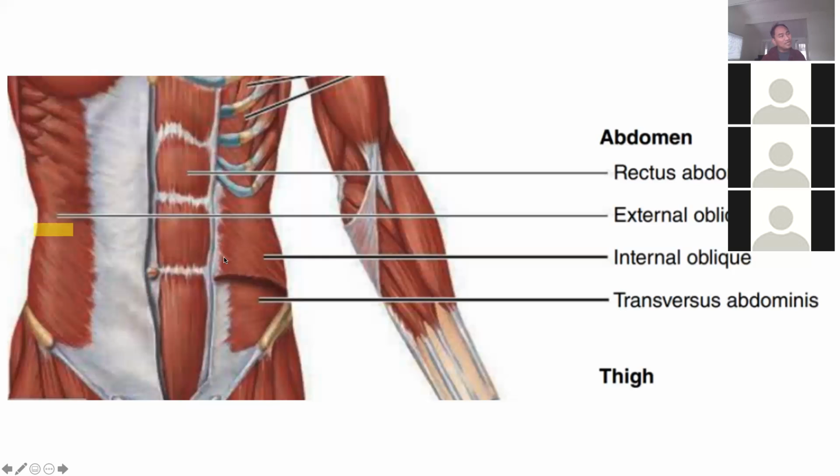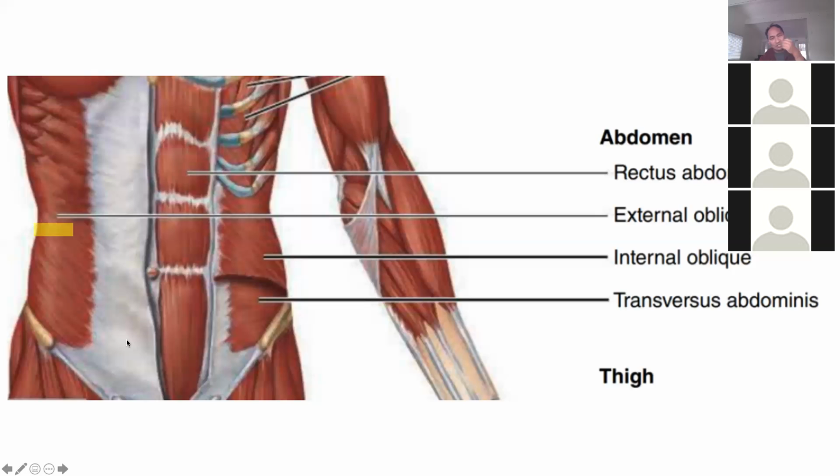But these muscles are more on the lateral side. If you look at that, this external oblique became a flat white sheet. That is what we call aponeurosis. The muscle coming from the back and originating from the ribs, somewhere around the mid-clavicular line, gradually changes into connective tissue, which is called aponeurosis.